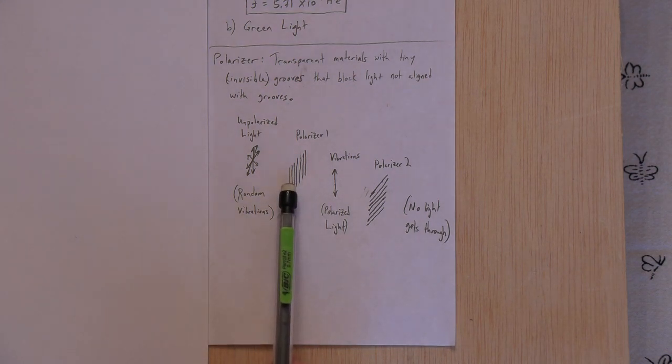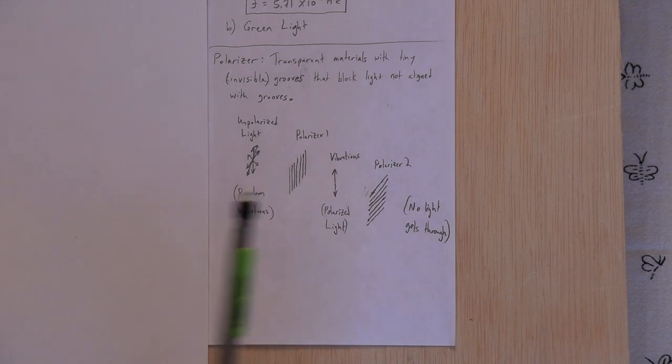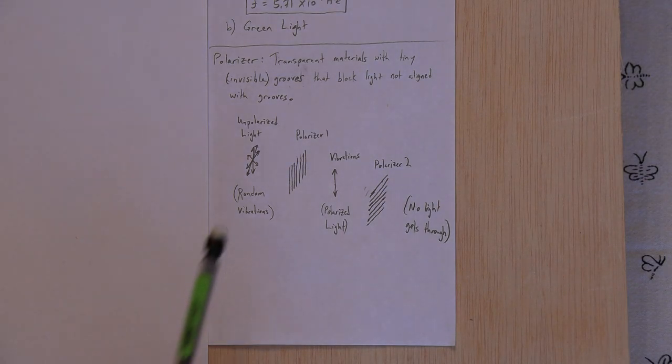So you put a polarizer and you arrange it in the glasses, the manufacturer does, so that it's always perpendicular to the way the light gets polarized when it reflects off a horizontal surface, and it blocks that reflected light so the glare is gone and you're not blinded anymore. So that's how those work.